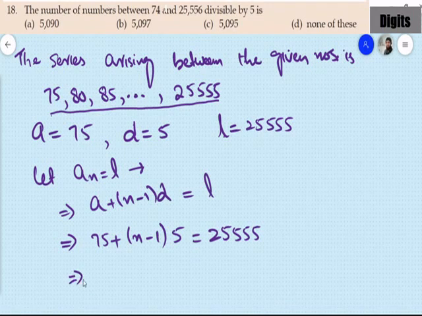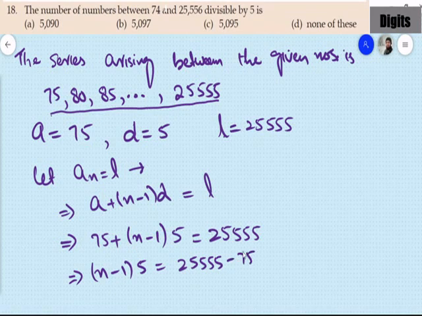Now it will be n minus 1 into 5 is equal to 25555 minus 75. Now we will subtract this number.